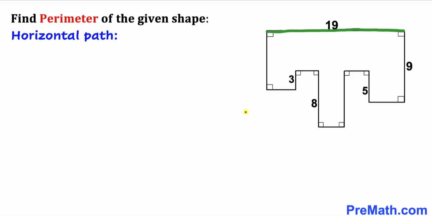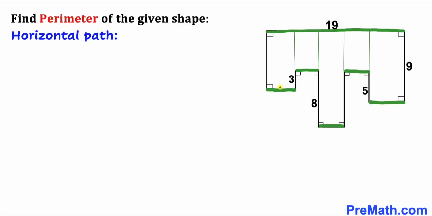And here's our very first step. Let's focus on the horizontal path of this boundary. Let's focus on this highlighted part. This is 19 units. And likewise, these fragmented horizontal paths add up to 19 units.